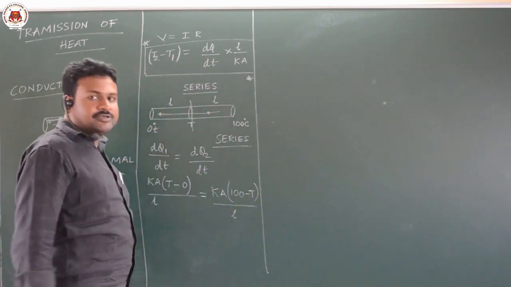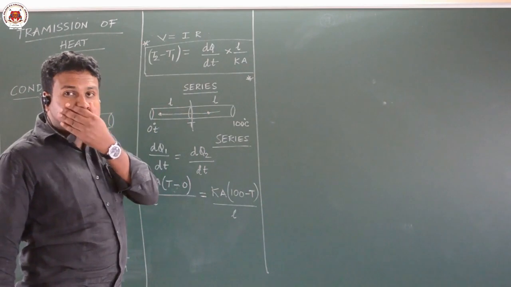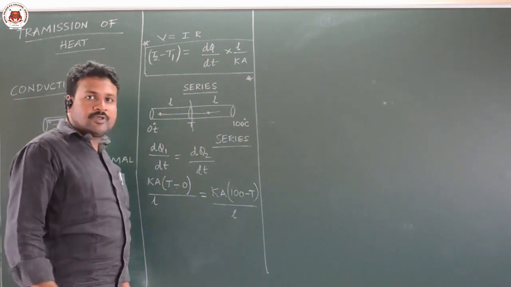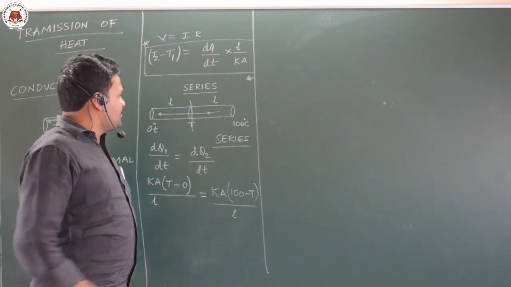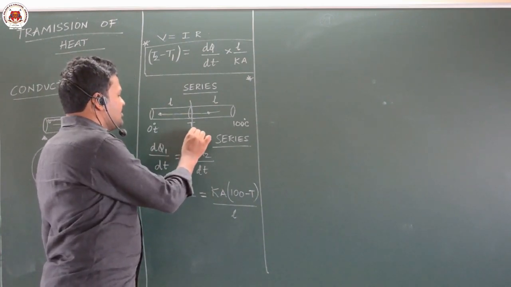You will get the answer for T now. 2T is equal to 100, then T is equal to 50. This is exactly maintained at 50 degrees Celsius.